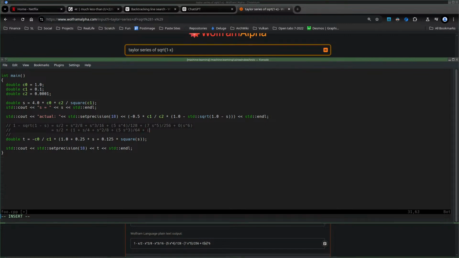Plus 7 s to the power 4 divided by 128 plus something of the order of s to the power 5.